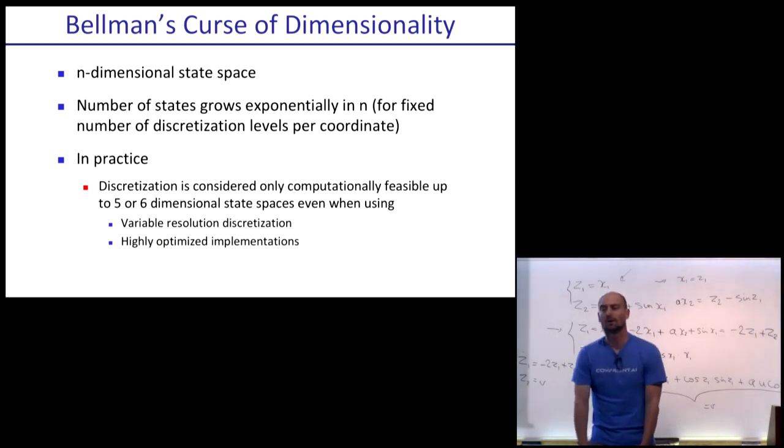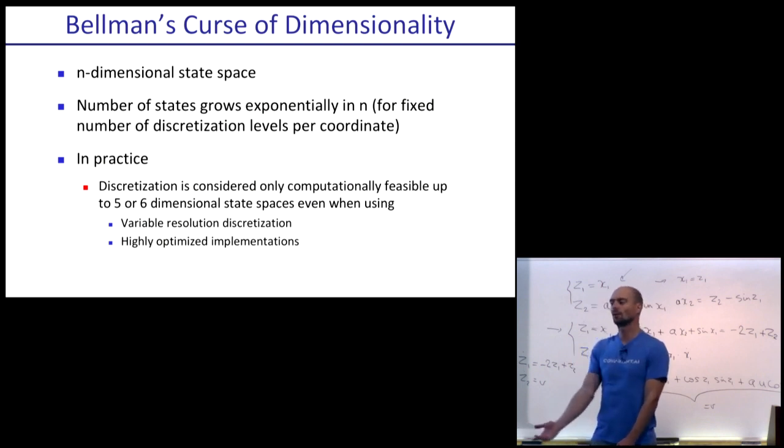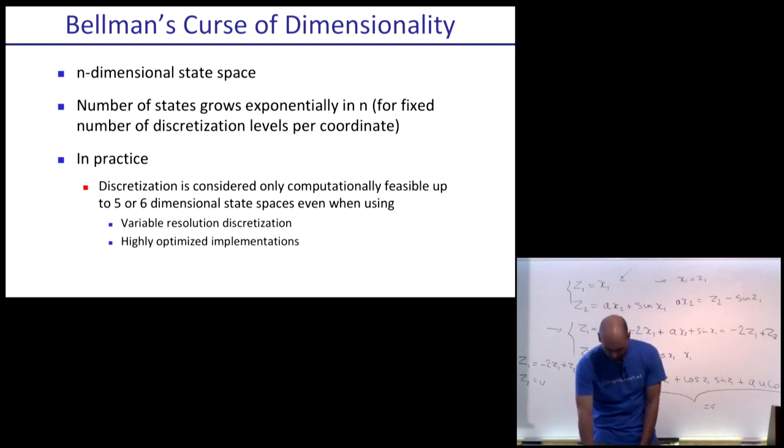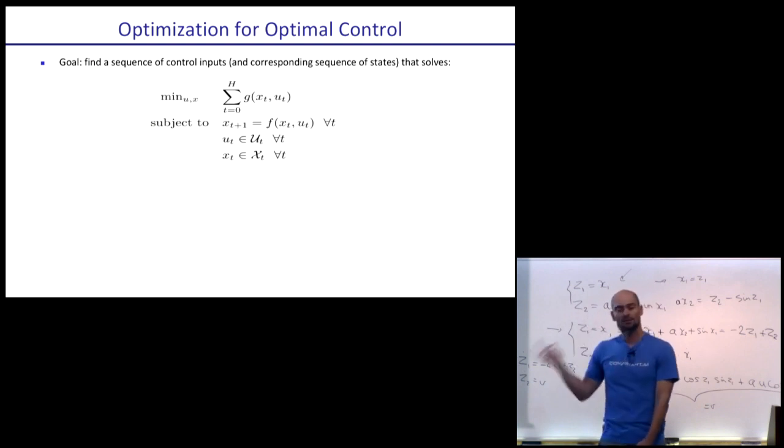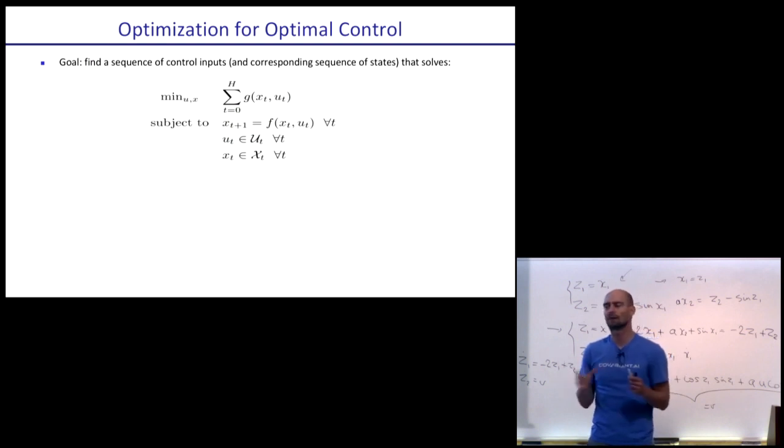What we saw so far is that if it's a linear quadratic system, we can still solve it exactly, or something close to it or approximatable by it, we can still do it. We can also go back to the original question: we're really trying to solve an optimization problem, find a sequence of states and controls that minimizes cost subject to dynamical system constraints, and maybe your controls and state have to be within some bounds.